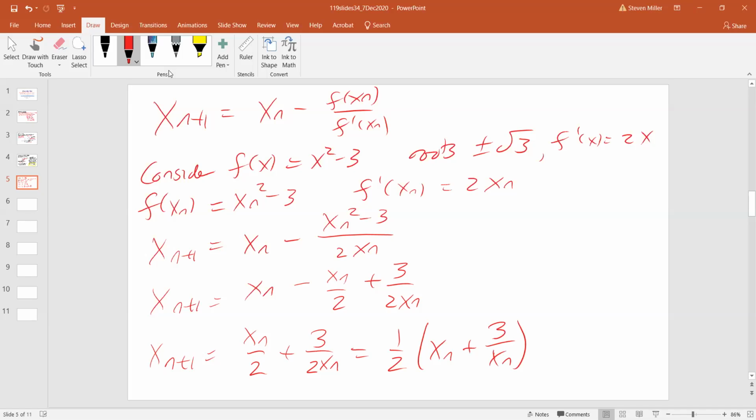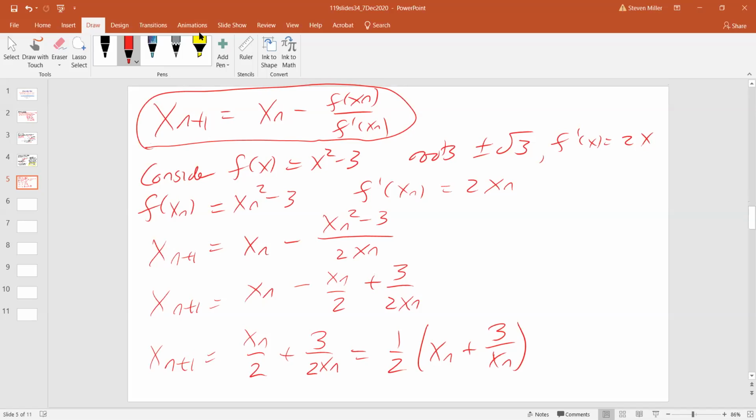What's nice about this is I now have a really clear, explicit formula to calculate the next term in terms of the previous. I'm not always going to be so lucky to get this. And again, I don't need this. I could always just use the equation we have up here.